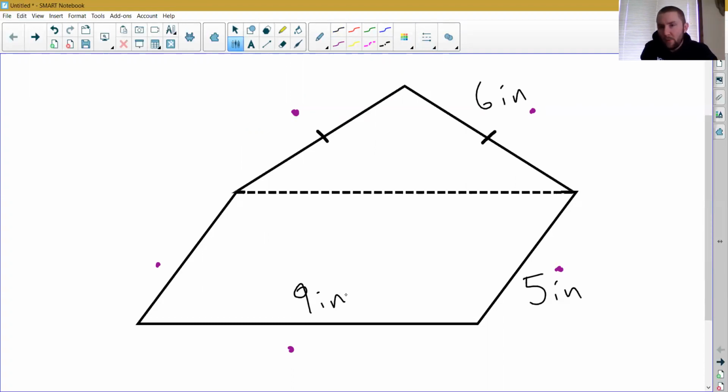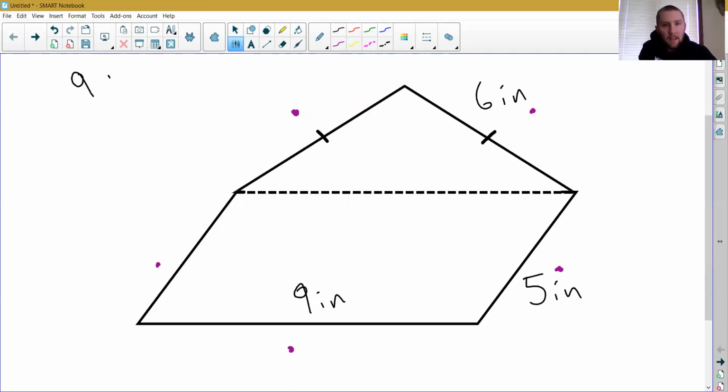Based on those three pieces of information, I think we can find the perimeter of this figure. It's not enough to find the area because for both parallelograms and triangles, we need the height, and none of this stuff looks like it hits at 90 degrees. But this is enough to find the perimeter because I've been given 3 of my 5 side lengths that I need to add together.